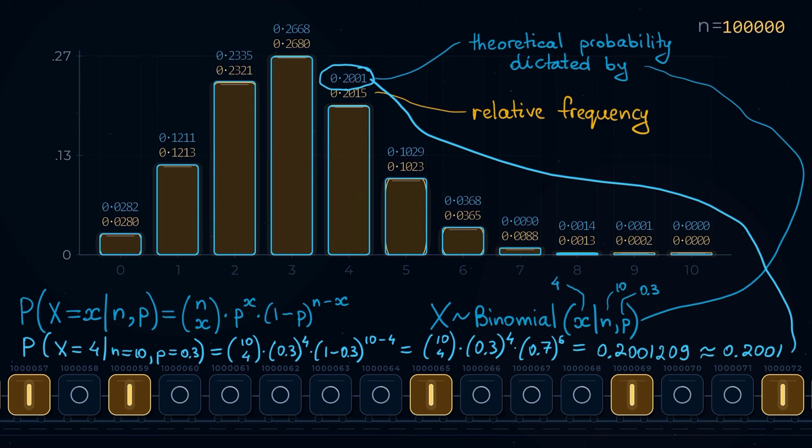So the binomial distribution arises naturally from a Bernoulli process when we count the number of successes in a fixed number of trials. The probability of getting lowercase x successes out of n trials, each with probability p of success, is given by the binomial distribution with parameters n, p.